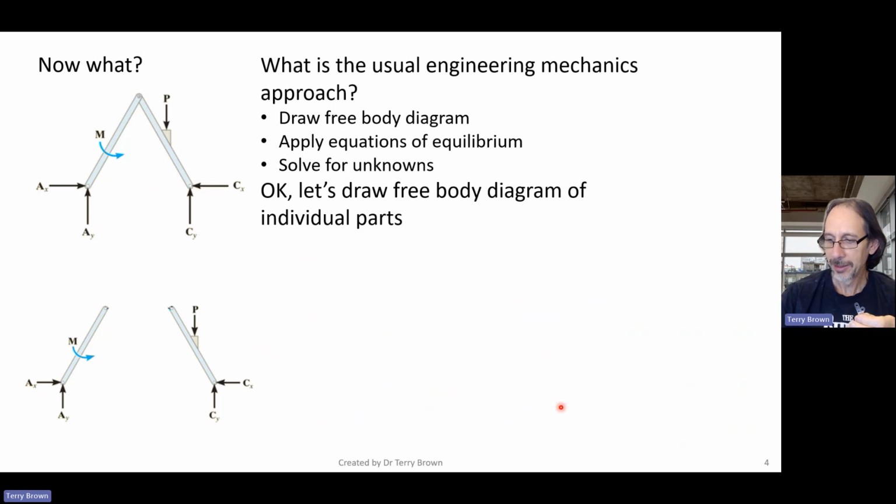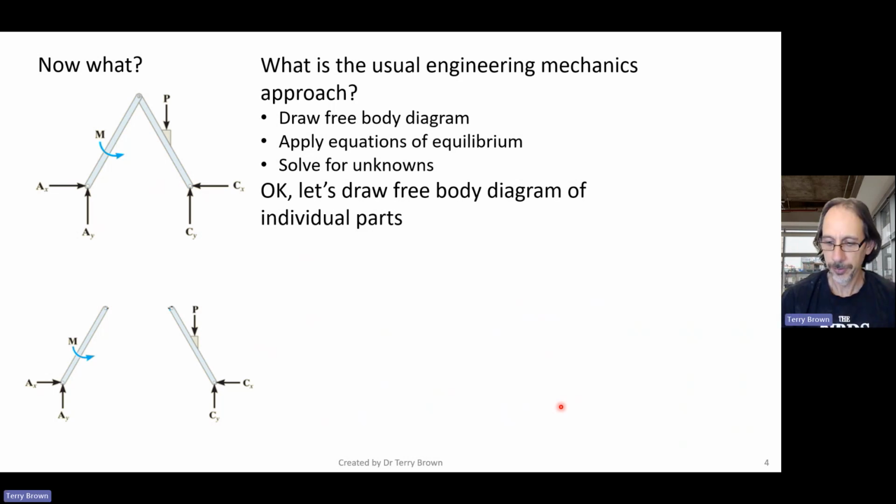I originally had a pin in there, or a bolt holding those together. I've now taken them apart, and now I need to put on my free body diagram the forces that are exerted on each of the members.